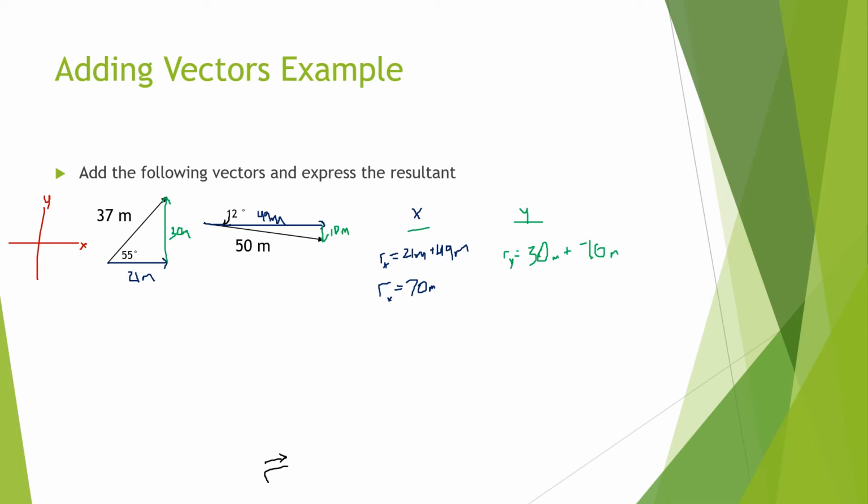Another way you can handle this is simply by subtracting. Some people like adding the negative, some people like subtracting. It really doesn't matter which method you use as long as you're comfortable with it. Then when I add my y components, I get an overall y component of 20 meters. It's a positive number, so I know that it is up.